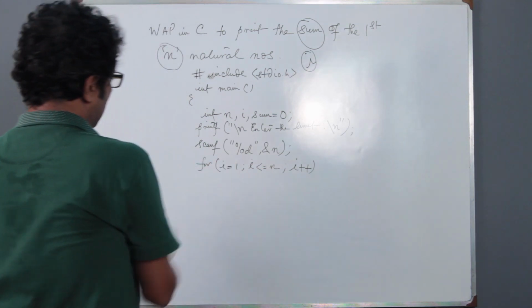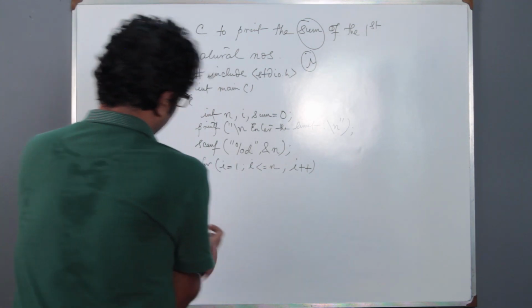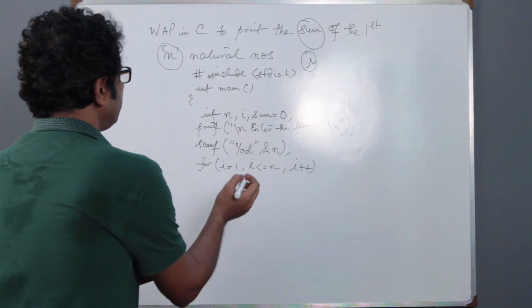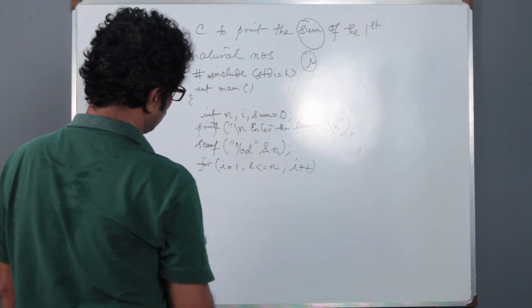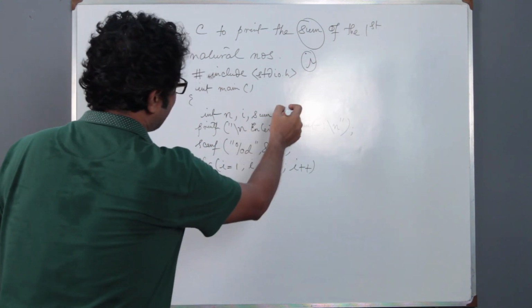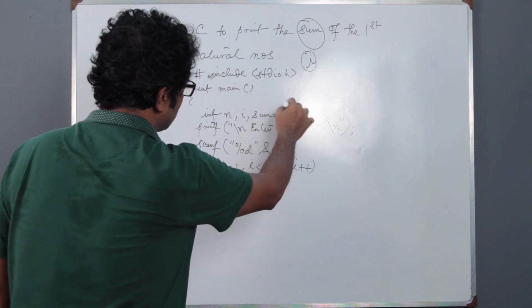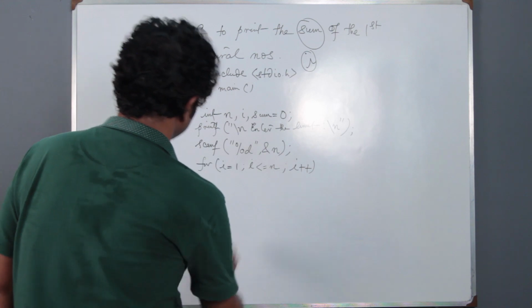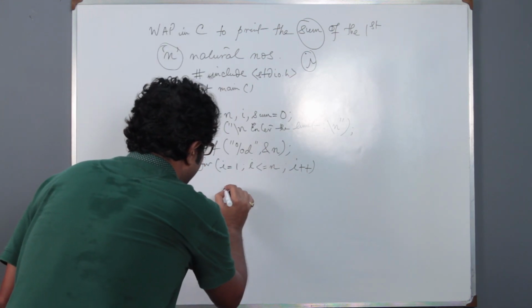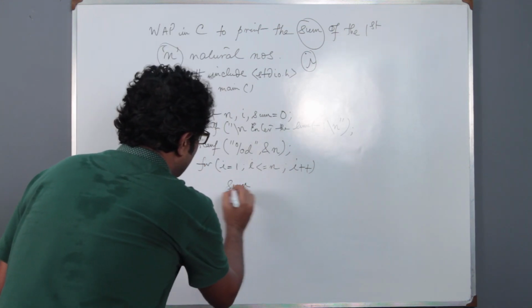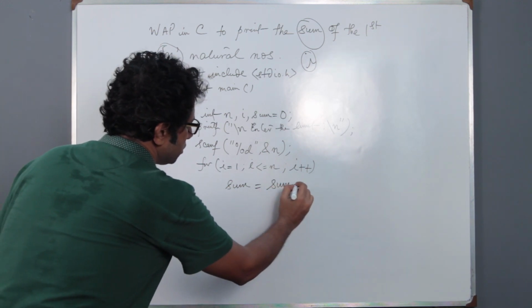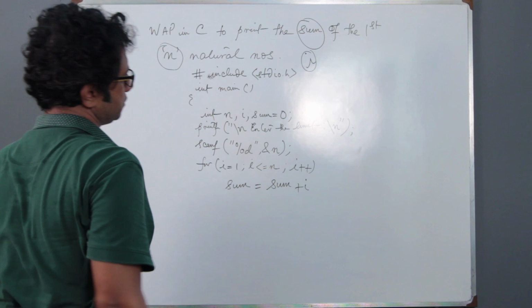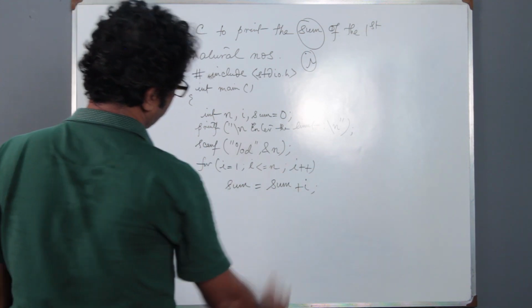So now we have to calculate the sum of the first n natural numbers. How to do that? We have initialized the value of sum to be 0. So then we have to write in an indented fashion, sum = sum + i.